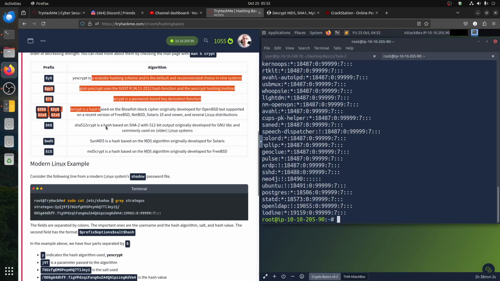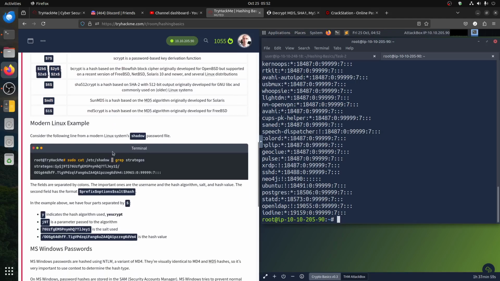Let's take a moment. Don't get confused too much about this. Modern Linux example. Let's consider the following line format for a modern system shadow password. Let's get it from here. I'm already root, so cat /etc/shadow and grep. What user do we have here?